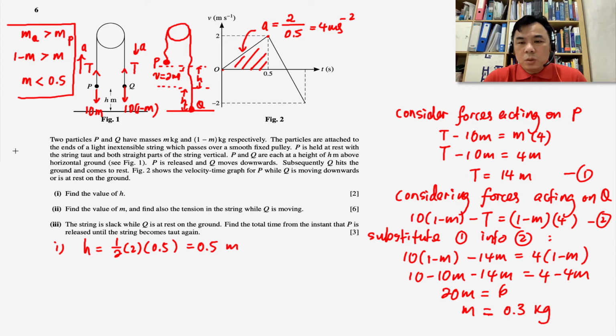So I'm going to hold that value for a while, and then we're going to make use of that value to find the tension. Of course, that should not be any problem. You just need to substitute the M back into here. Therefore, the tension itself is 14 times 0.3 there. So that will be 4.2 Newtons there.